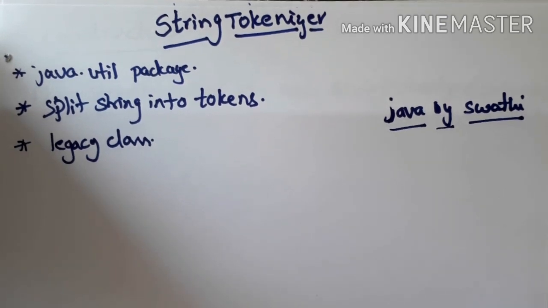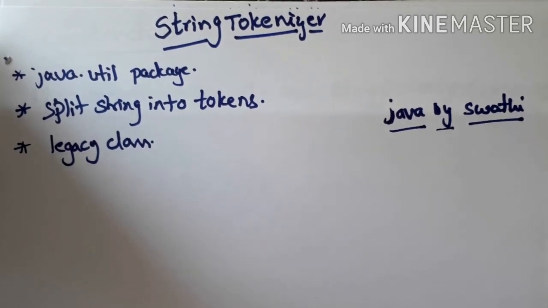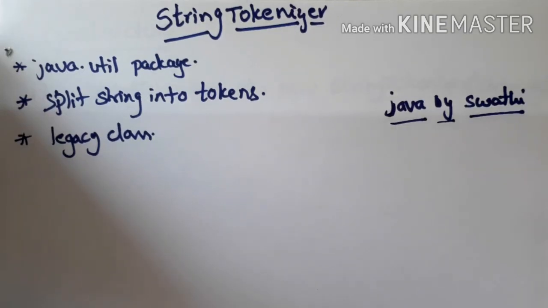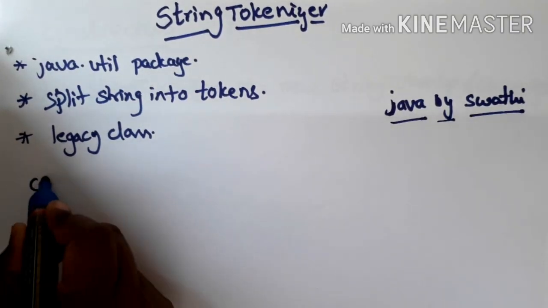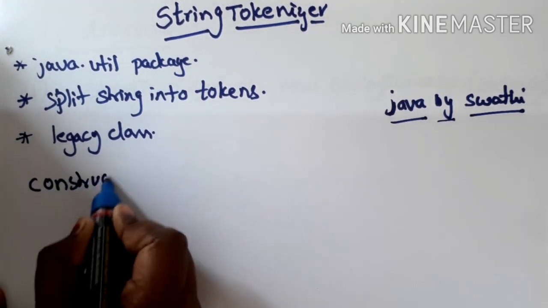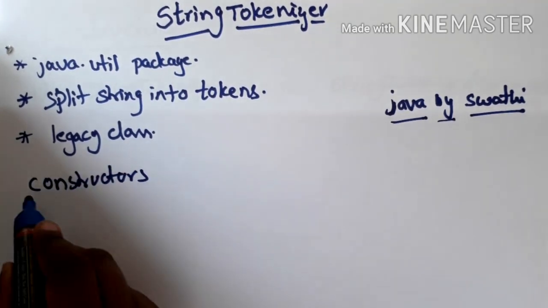Now we'll see what are the constructors of the StringTokenizer class and in how many ways we can create the object for this StringTokenizer class.